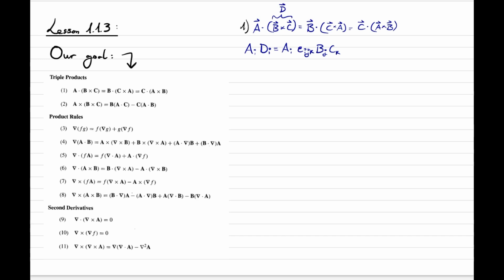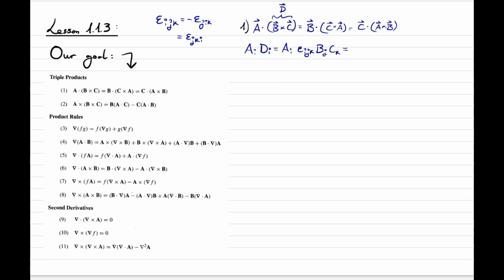And for this example to work, we need to remind ourselves of the antisymmetry property of the Levi-Civita symbol. This means that if we interchange any pair of indices in the Levi-Civita symbol, a minus sign will appear. So, for example, epsilon ijk equals minus epsilon jik, but we can also interchange i and k, so another minus sign will appear and cancel with this one, and now we will have epsilon jki.